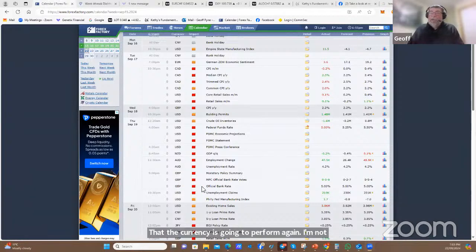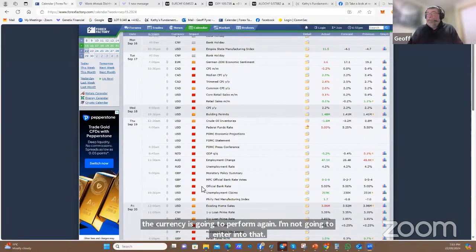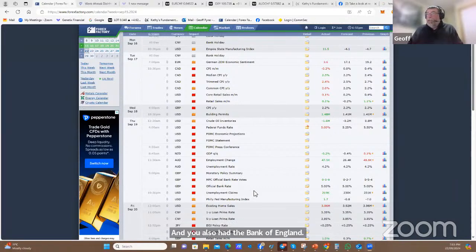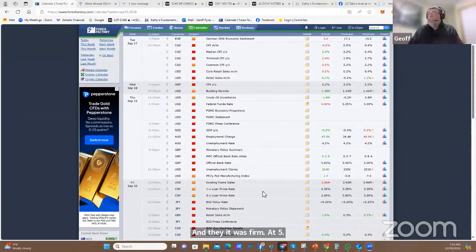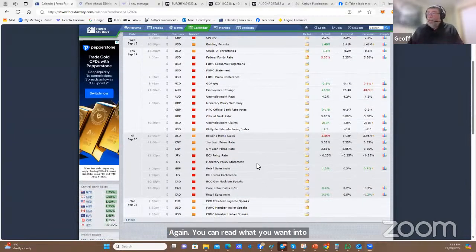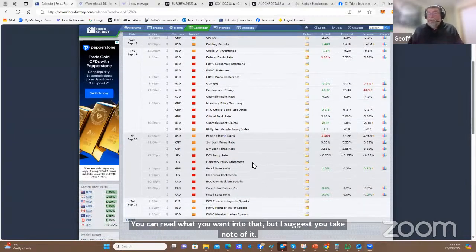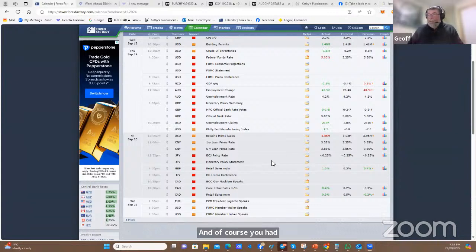And you also had the Bank of England giving their finance rate, and they held firm at 5%. Again, you can read what you want into that, but I suggest you take note of it. And of course, you had the good old BOJ, the Bank of Japan, also holding steady on the interest rates.